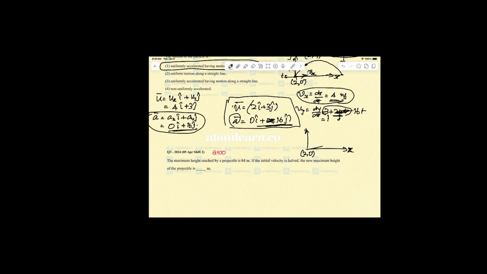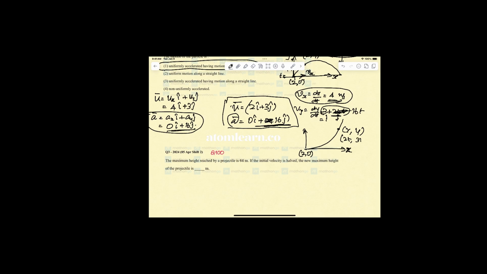Therefore, this is going to curve like this. This is a parabolic path. Any point is given by (x, y). For the x value, not 2t, it is 4t, correct?